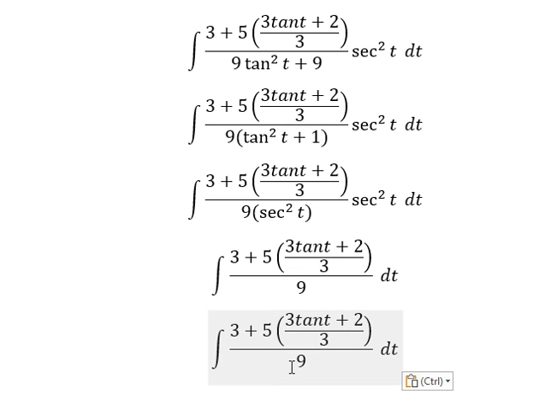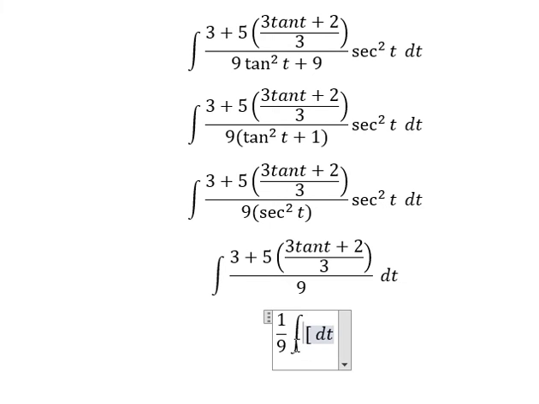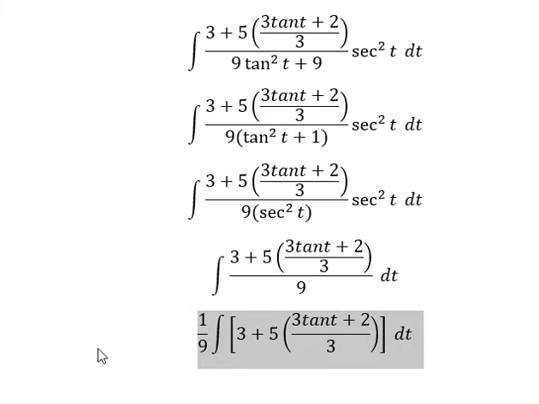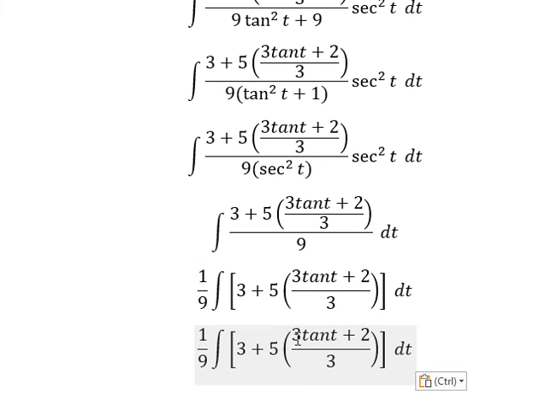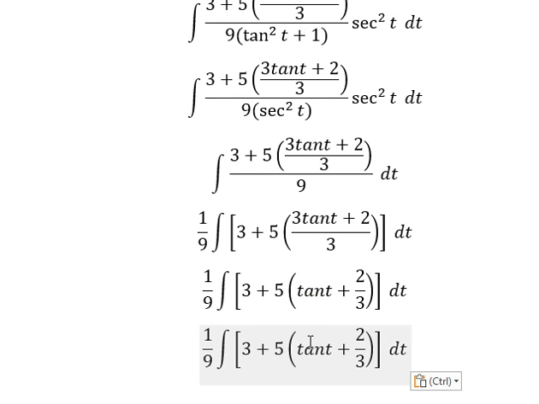Next, I will put number 9 outside, and now we just have this one in here. So number 3 divided by 3, 2 divided by 3. So number 5 multiplied by tan t and 2 over 3.